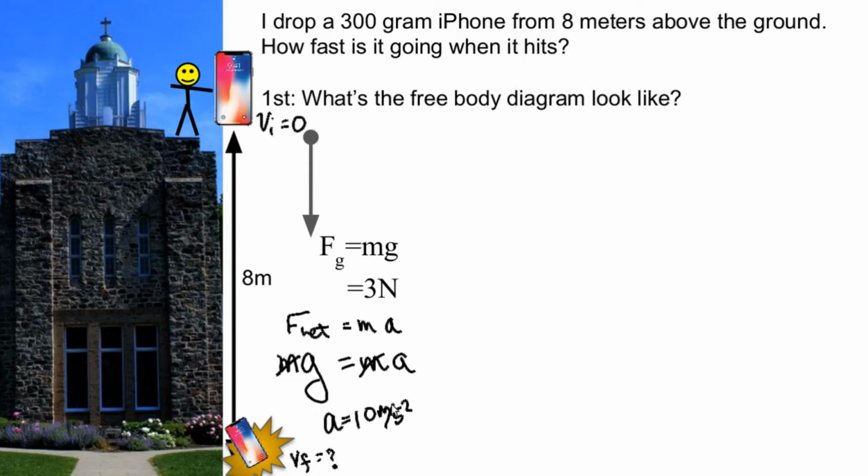So if the iPhone fell for 1 second, it would have a final speed of 10 meters per second, and the average of 10 meters per second and 0 is 5 meters per second. So in that 1 second, it would fall 5 meters. So I know it'll only get to here in the first second or so. So this will take more than a second, but less than 2, because 8 meters is less than 10.